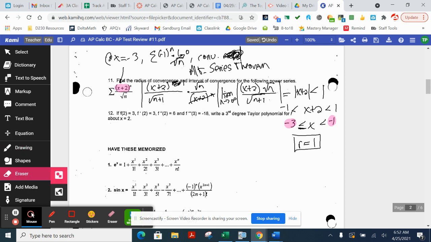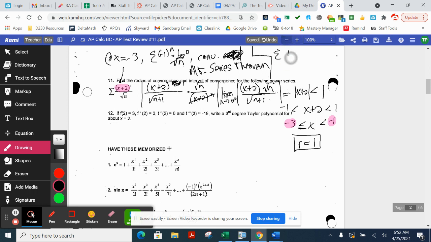Go ahead, test your negative 1. Let me create some space somewhere. Try to do it right here. So if I take my negative 1 and plug it in, the series that I'm going to create is a 1 to the nth power times 1 over root n. And then we should know that 1 to the nth power is really just a 1.